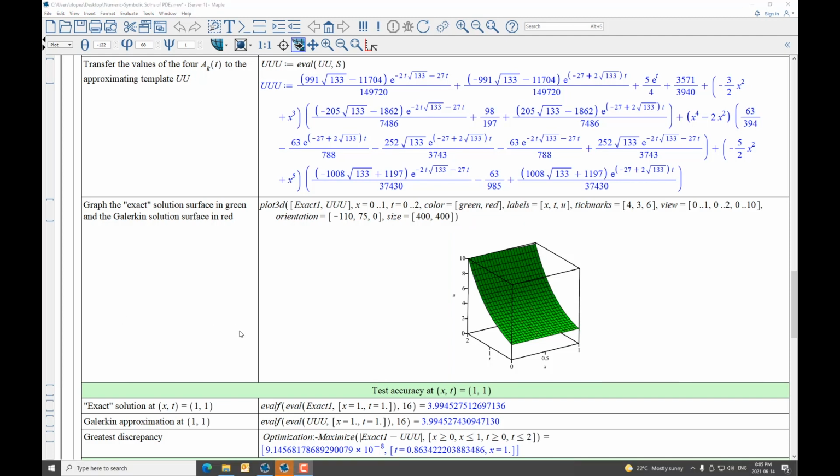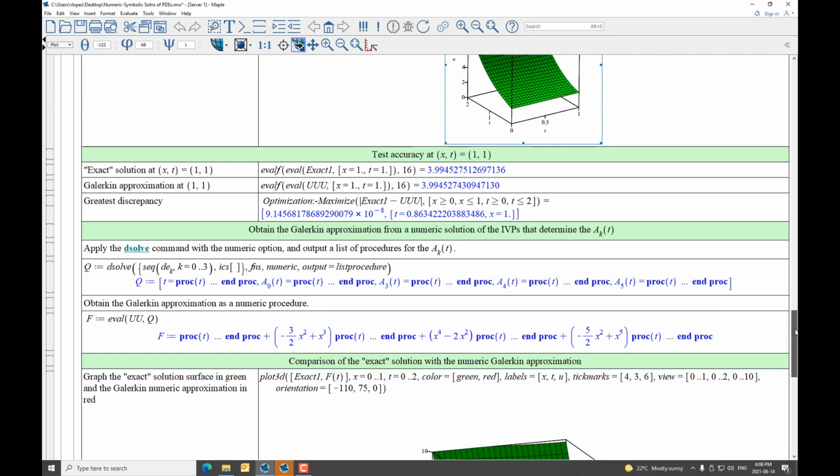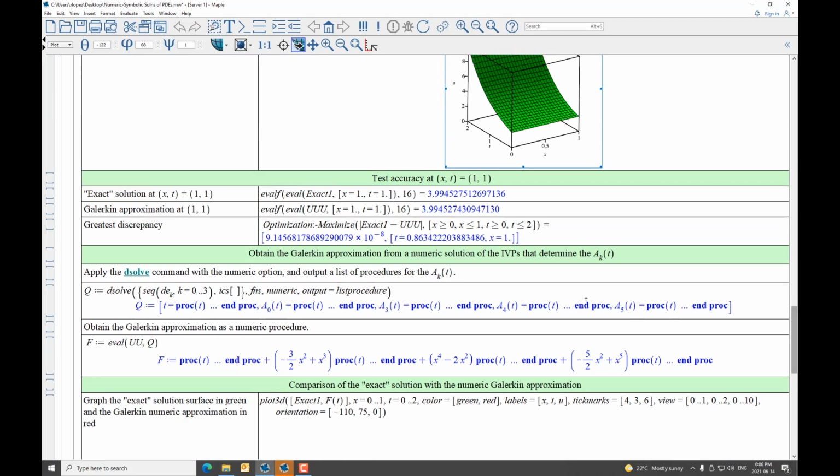Now, in general, you might not be able to solve the Galerkin generated differential equations analytically, so how would you proceed to solve them numerically? That would be right here. You do a numeric solution, but output a list of procedures.